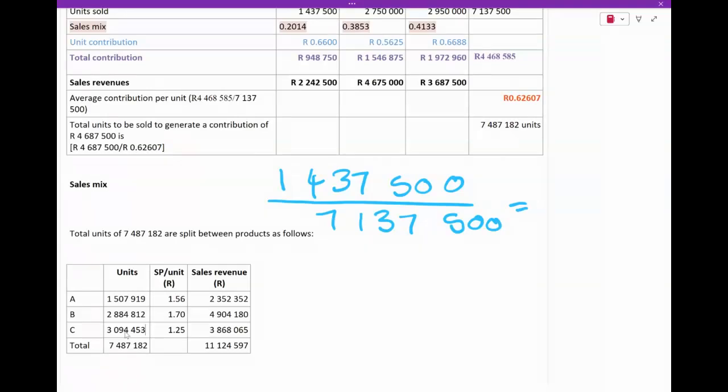And write on your paper that we round it up because we cannot sell half a unit or point something of a unit, so that the marker can see that and give you the mark on principle. If we look at the back of our textbooks, what does it say? I'm sure they didn't necessarily do the rounding.